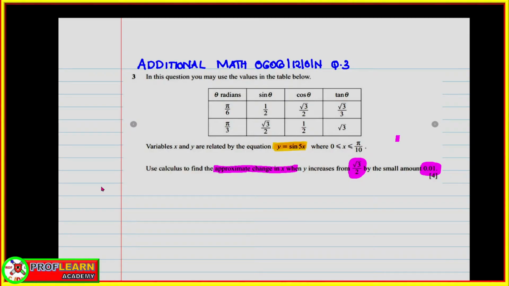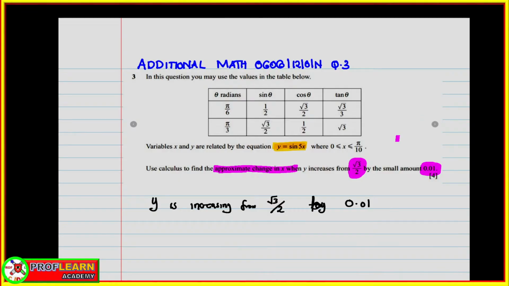Then we need to realize that y is increasing from root 3/2 by a small amount of 0.01.